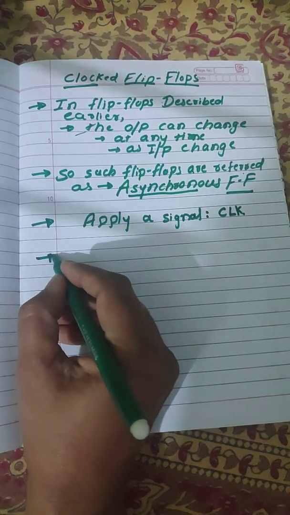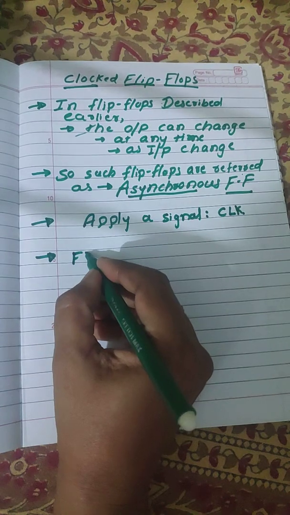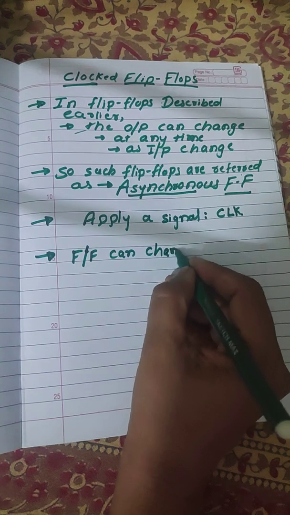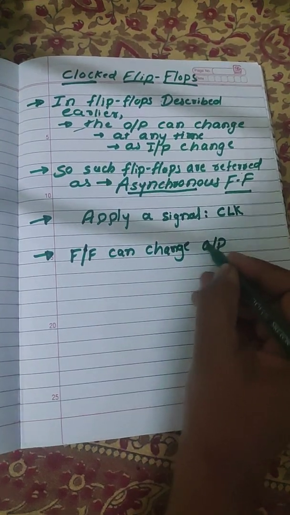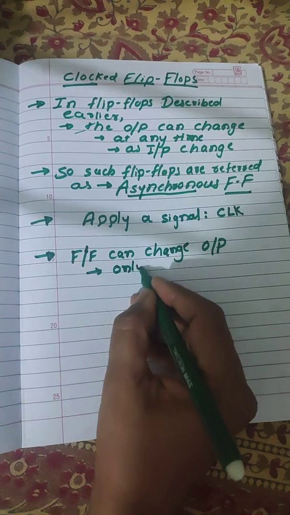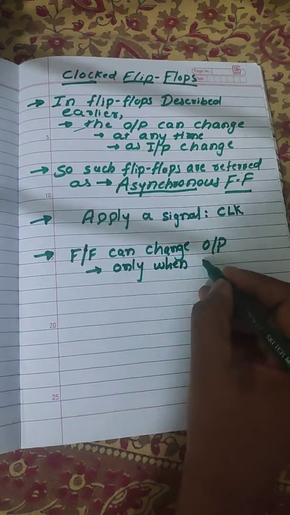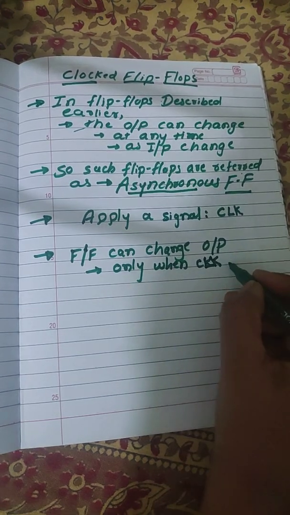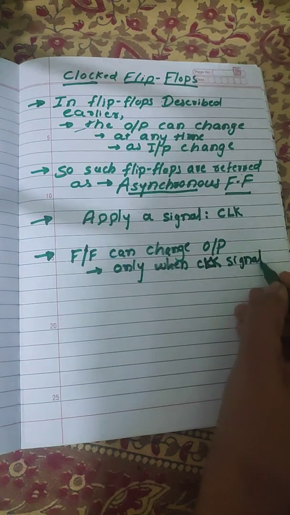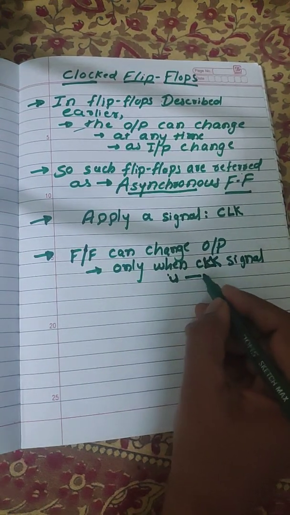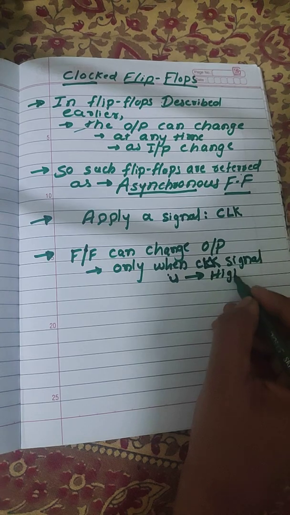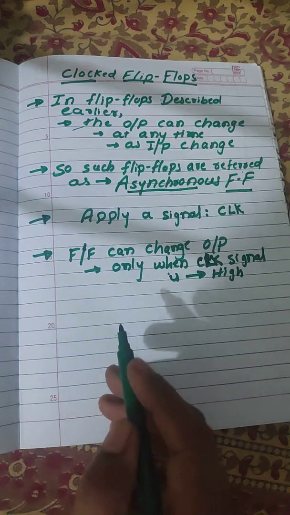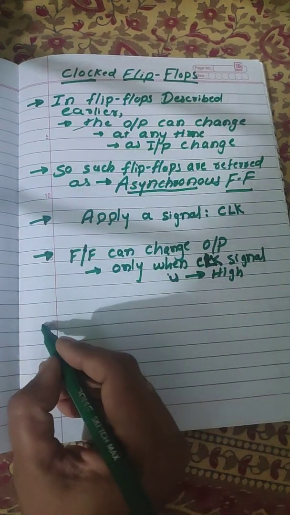So the flip-flop can change the output only when the clock signal is high. Only when the clock is high, the flip-flop can change the output. So such flip-flops are referred to as clocked flip-flops.